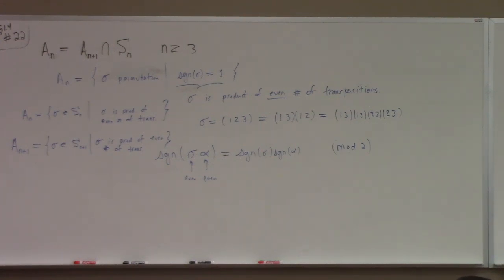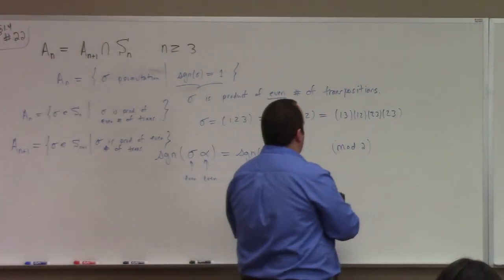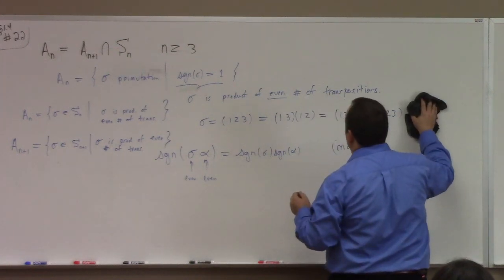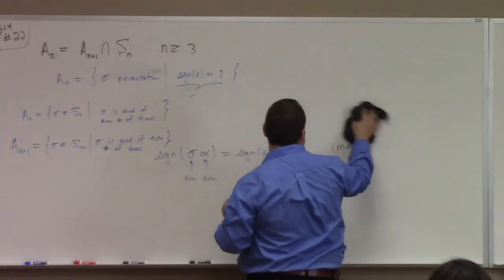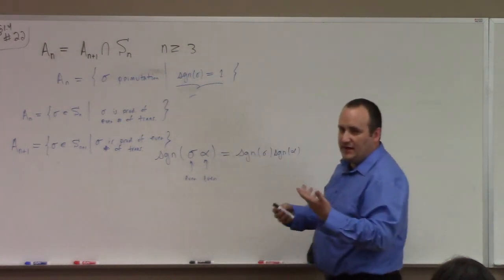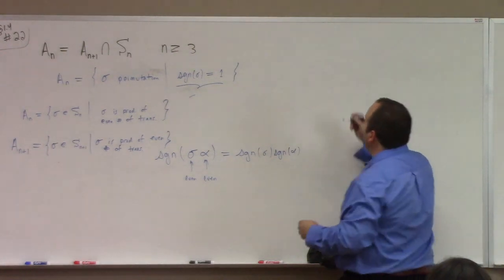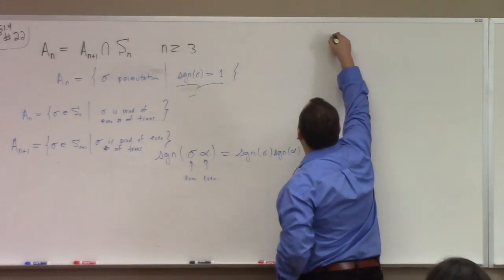So it might be helpful to look at a low dimensional case to get an idea for the argument we need here. This is probably a good exercise anyway, because we haven't actually looked at A_n for small n yet, have we? So how about A_3? I mean, S_3, what's in it?